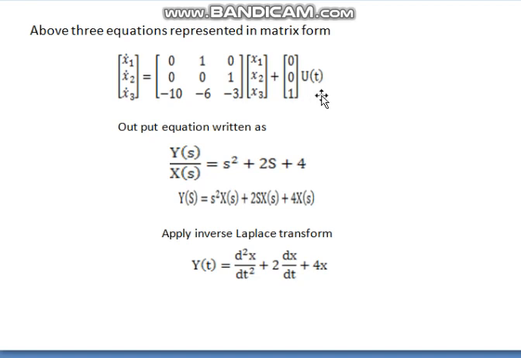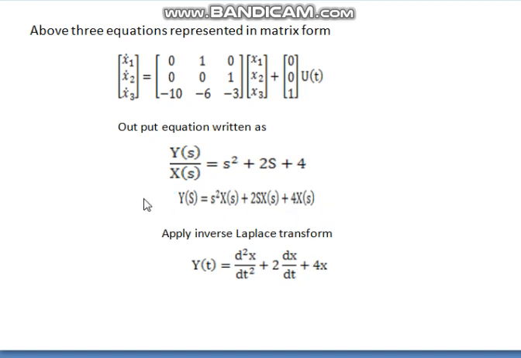The second equation is taken as the output equation, that is Y(s)/X(s) equals the numerator term of the RHS side, s square plus 2s plus 4. By cross multiplying, Y(s) equals s square X(s) plus 2s X(s) plus 4 X(s).